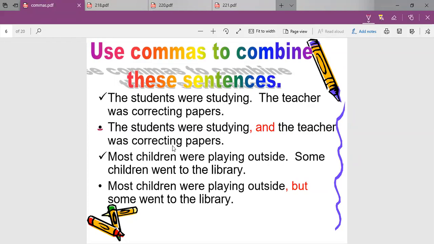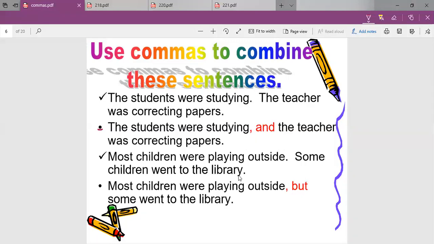Excellent. See, we see here the two separate sentences. When they were joined, we must use a comma. When we join two separate sentences, we have to use a comma and the conjunction word. Now, another example, I will read it. Most children were playing outside. Some children went to the library. Again, I have two separate sentences written as is.